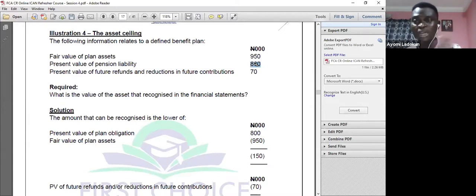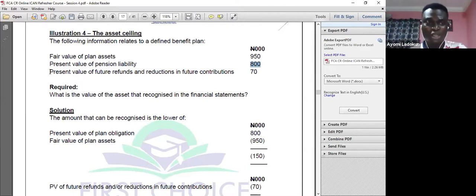But now the asset is higher than the liability by 150, so normally I would recognize it as an asset in my financial position. But IAS 19 says no, you cannot. You have to place a ceiling. You have to limit the amount you can recognize to the extent of future refunds or reduction in future contribution.